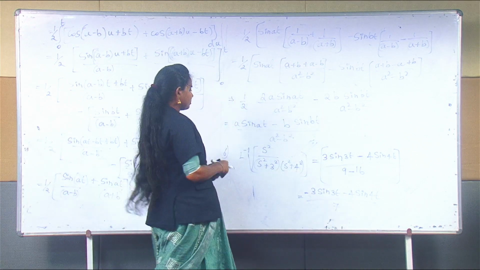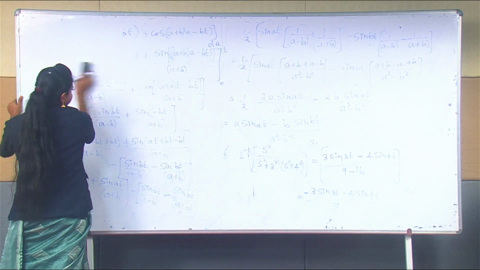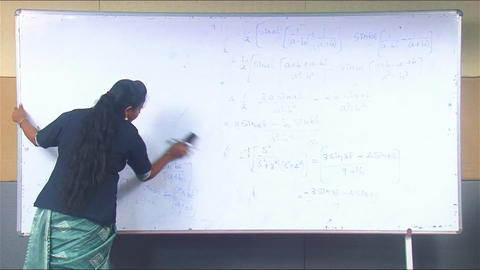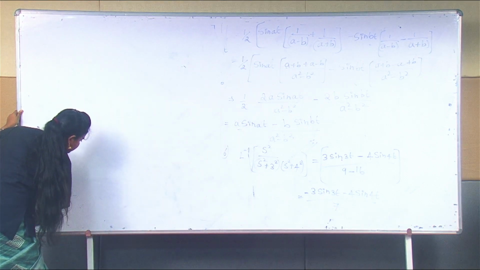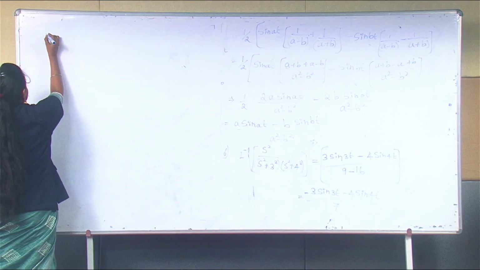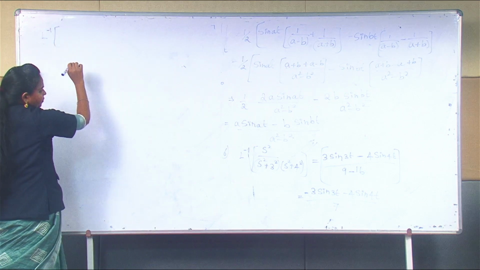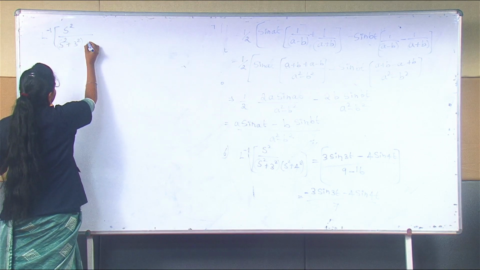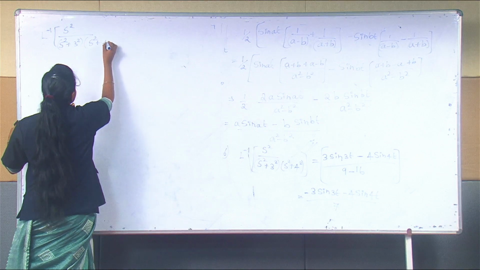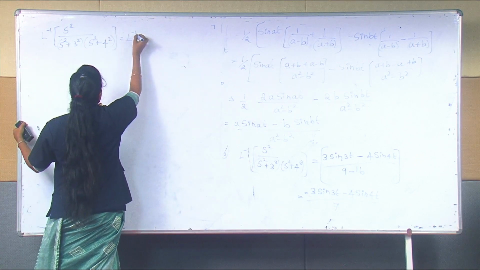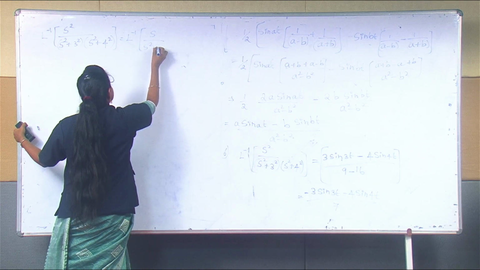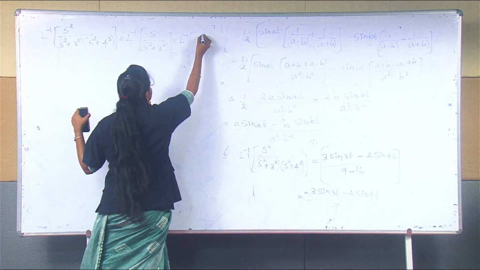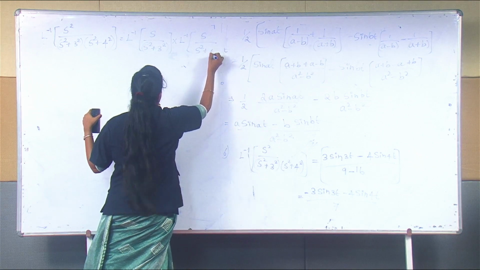The same way you have to apply. So L inverse of s square divided by (s square plus 3 square)(s square plus 4 square) can be written as L inverse of s divided by (s square plus 3 square) into L inverse of s divided by (s square plus 4 square).